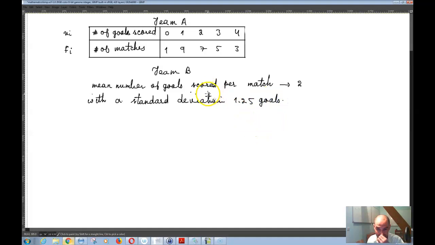And as you can see over here, the unit is goals. So that is 1 goal, 2 goals, 3 goals, 4 goals, and so on and so forth.